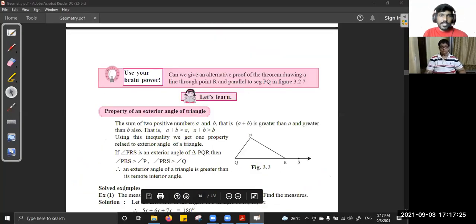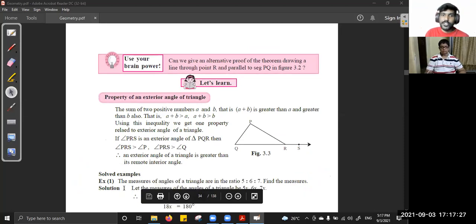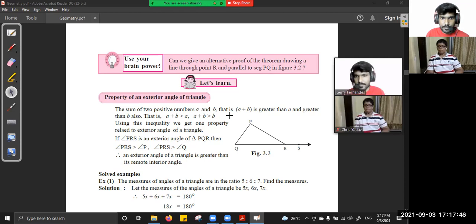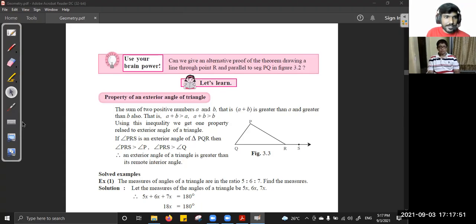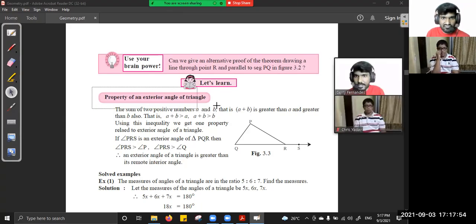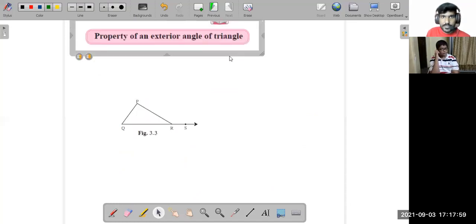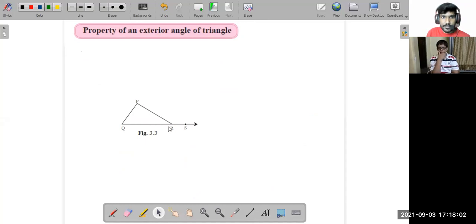The second property we'll see is the property of exterior angle of a triangle.